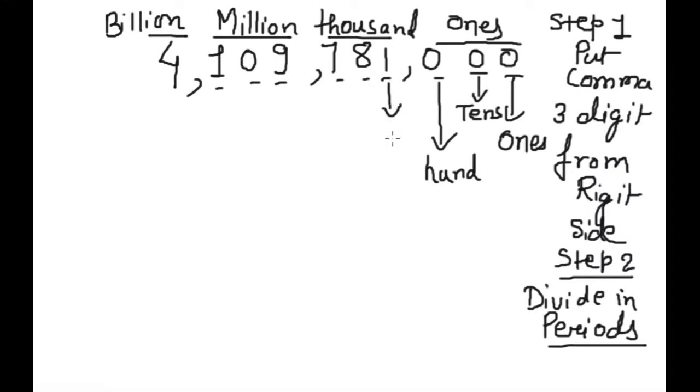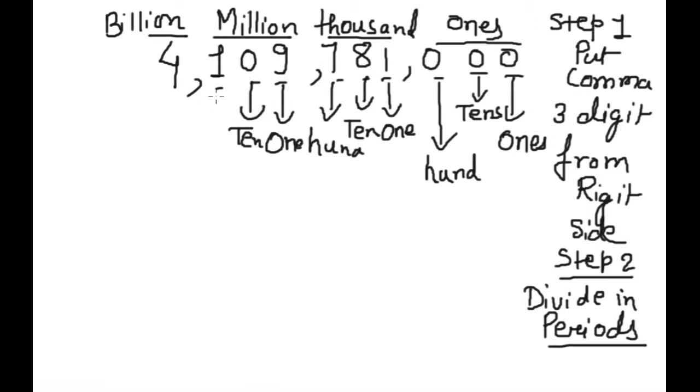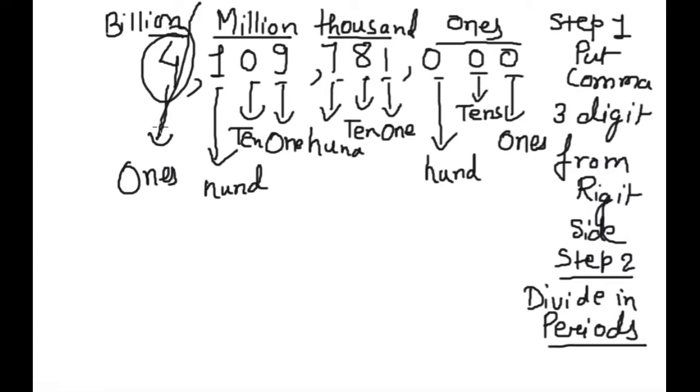Similarly here ones, tens, 100. Similarly here ones, tens, 100. Similarly here ones. So this is only ones and this period is over here only.